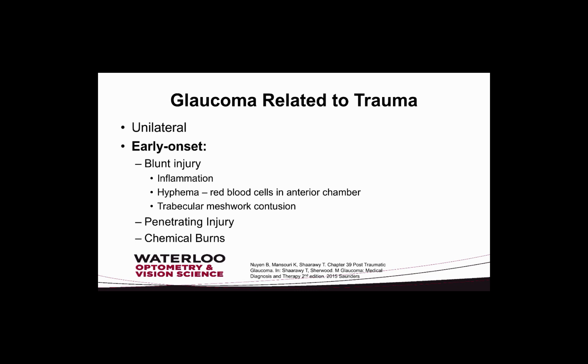So in early onset, you can get glaucoma, but again, these aren't the ones that we typically see in practice because usually they're in the emergency room and go off to the ophthalmologist.